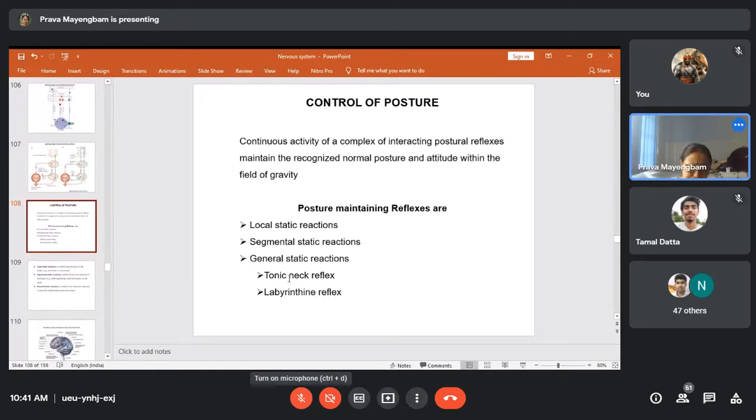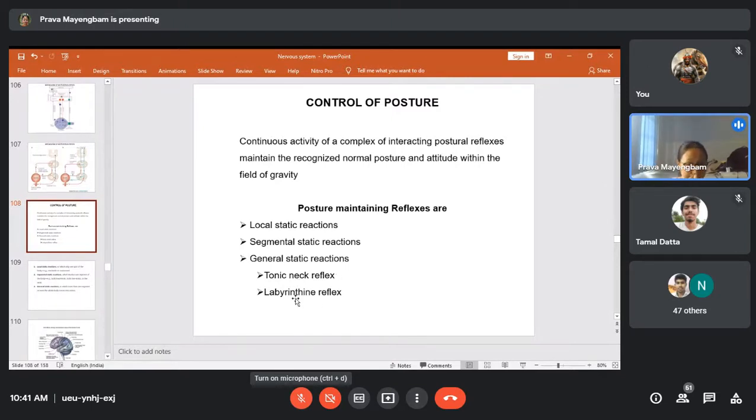The tonic neck reflex is something like when you fix your vision on some particular object and your body is moving. In that case, what happens? You simply turn your neck, but your vision is still fixed on that object. So that kind of reflex is a tonic neck reflex.